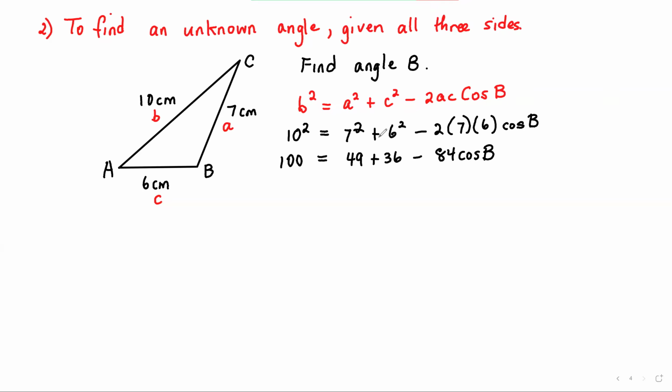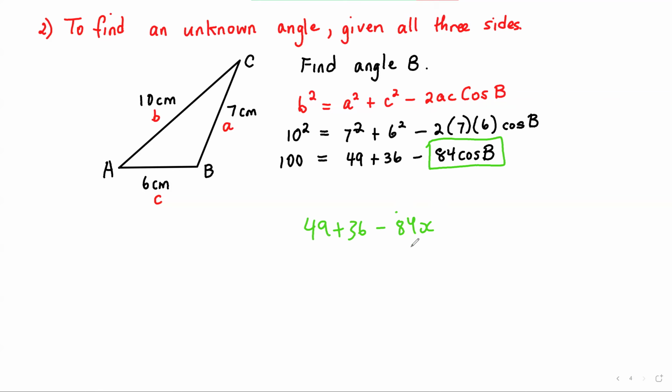You see this here? This 49 plus 36 minus 84 cos B. This 84 cos B is a whole term by itself, right? You cannot minus the 84 from it. It's as though you had 49 plus 36 minus 84x.